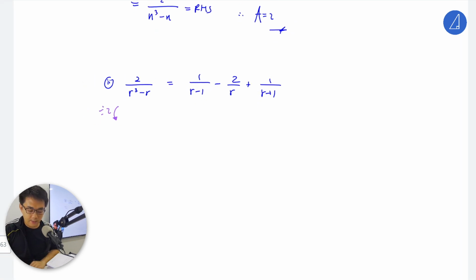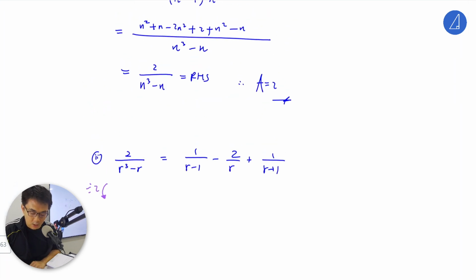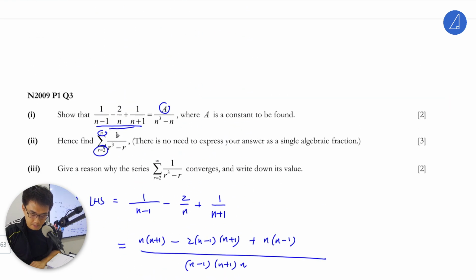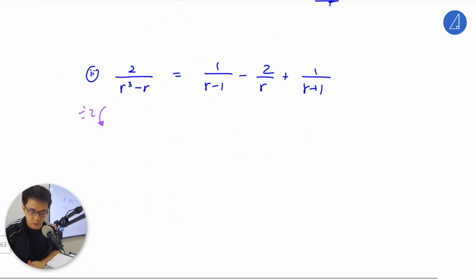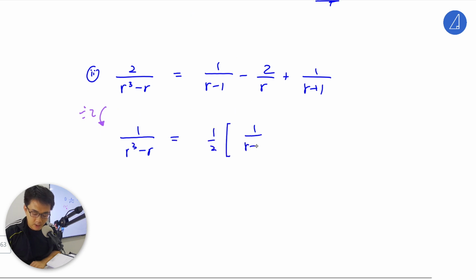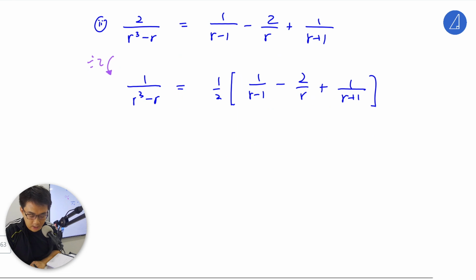So I need this to be 1 because this is 1. This is 1. There's 1 over r cubed minus r equals to half, 1 over r minus 1 minus 2r plus 1 over r plus 1. Add summation sign in front.